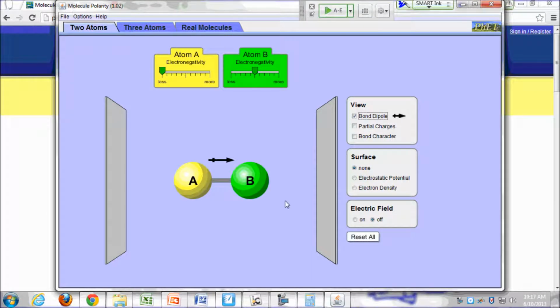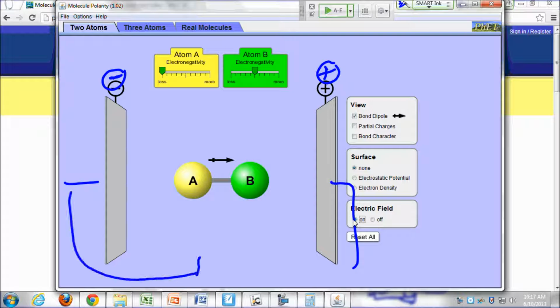If I turn on my electric field, I'm basically putting a charge, so this is now positive and this is now negative. I'm hooking that up to a battery, and this is the positive end of the battery right here. And if I put a polar molecule between those two charged plates, this is what happens.